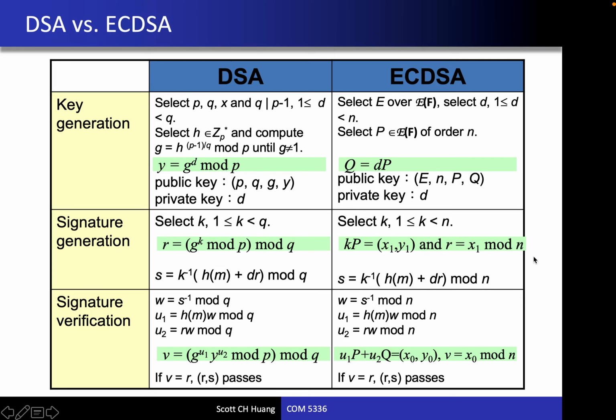So that's a little bit of modification to DSA. Everything else is the same. Just in some cases you need to change a little bit. So that's DSA, the elliptic curve version.